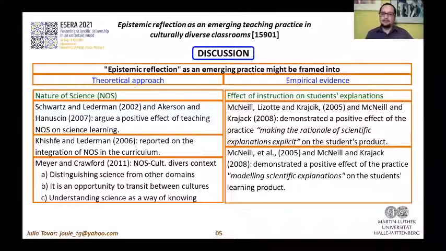In other reports, McNeill and collaborators demonstrated a positive effect of the practice of modeling scientific explanations on the students' learning product. During my study, the teachers modeled a variety of explanation examples before encouraging students to do it by themselves.